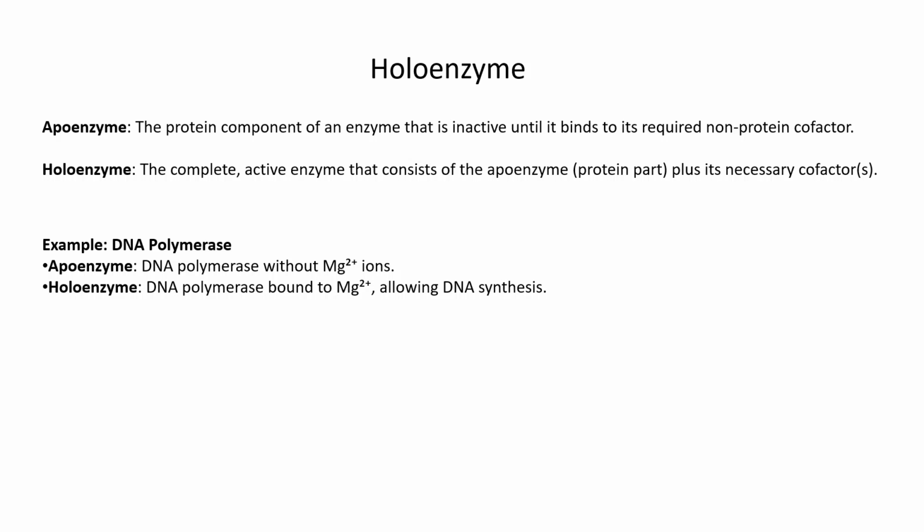It's ready to do whatever function it is supposed to. And here in this case, the example is DNA polymerase, where without magnesium, which is the cofactor, you have the apoenzyme DNA pol, and then the holoenzyme is when you have magnesium that binds to, I think, the alpha subunit of DNA polymerase. And this actually makes it catalytically active and allows it to perform DNA synthesis. So that is the holoenzyme in this case.